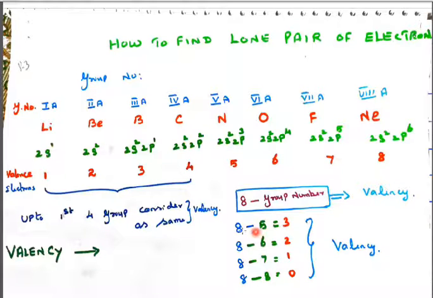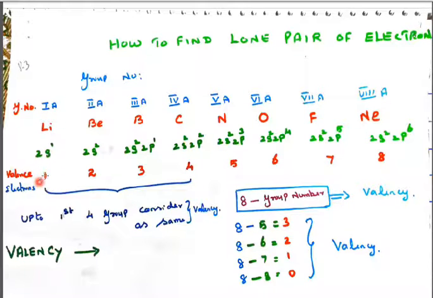Nitrogen is 5A, so 8 minus 5 is 3. That is the valency. Then 8 minus 6 is 2, the valency of oxygen. 8 minus 7 for halogen is 1. 8 minus 8 is 0, the valency of the noble gases.